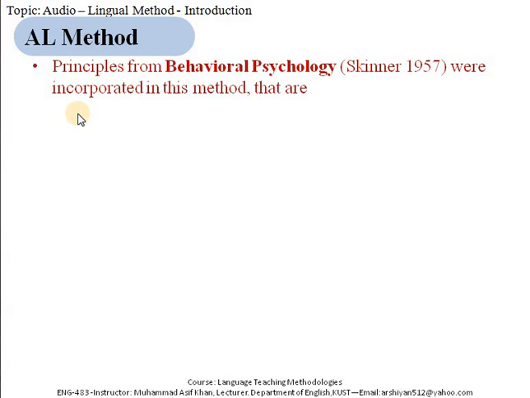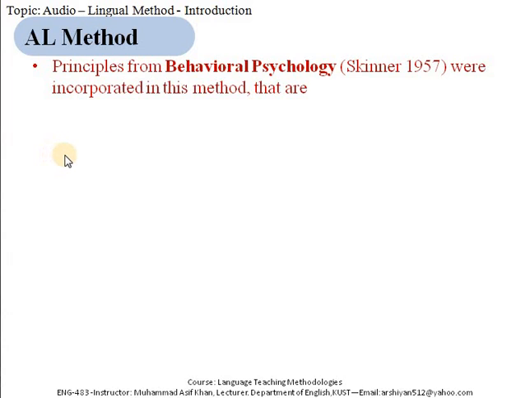Later on, the principles from the behavioral psychology that was formulated by Skinner in 1957, we see that these principles were also incorporated in the basic principles of the audio-lingual method.